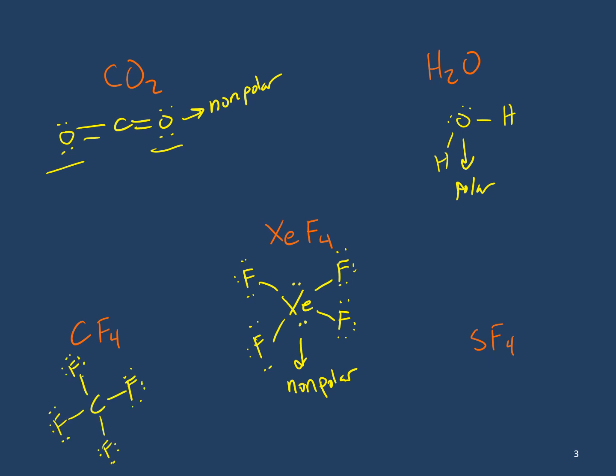Now, this Lewis structure tells me that I have polar covalent bonds because the C-H bond is a polar covalent bond. All the elements around the central atom are the same, and we have no lone pairs on the central atom, so this molecule is non-polar according to our guidelines. And that's accurate. Now, if we draw our last structure, SF4, we get a structure that looks like this.